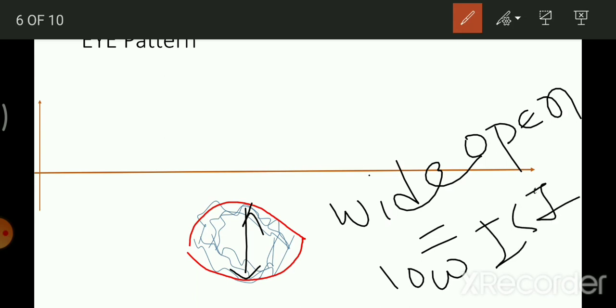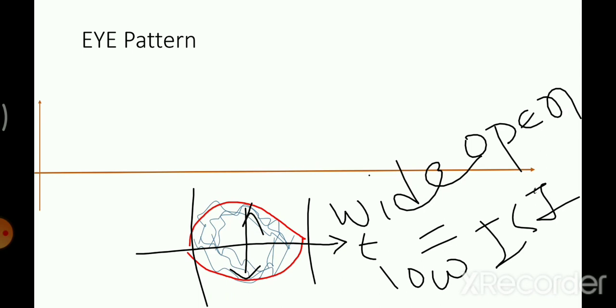Suppose this is the overall bit duration TB, and this is the zero crossing. So this is how an eye pattern looks. Without doing any mathematical calculation, you can see this in an oscilloscope, and you can make a rough statement saying whether the transmission was proper or not. Let us see the eye pattern in more detail.